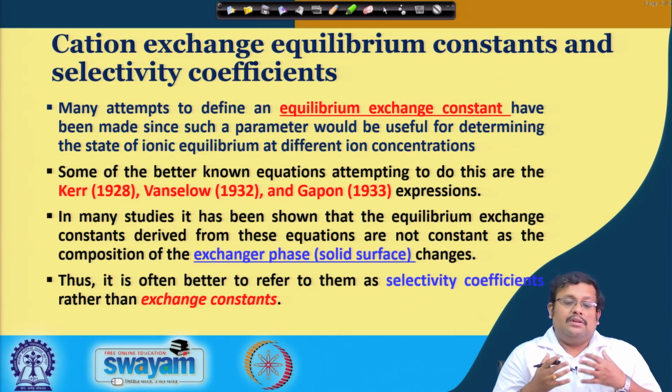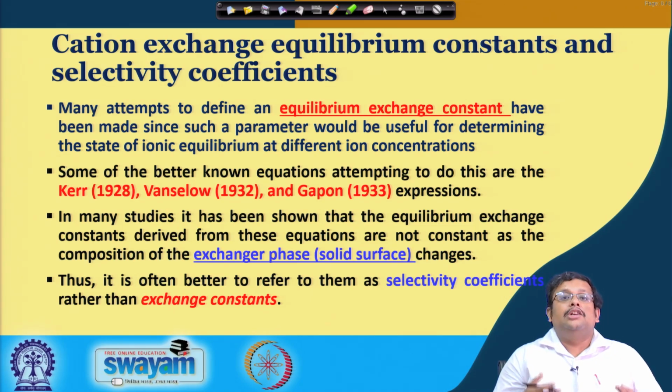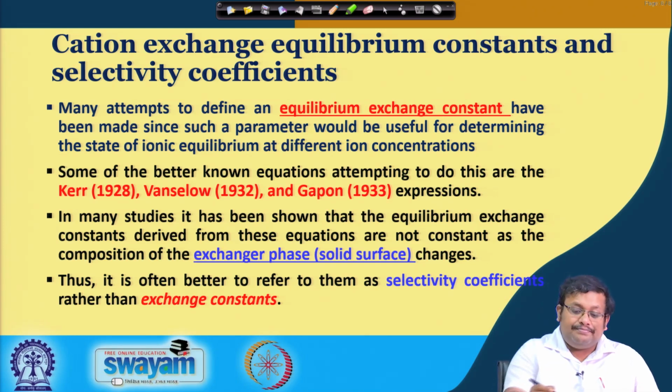This has been reported by several studies. Thus, it is often better to refer to them as selectivity constants. Instead of equilibrium exchange constants, we generally prefer to use these selectivity coefficients.